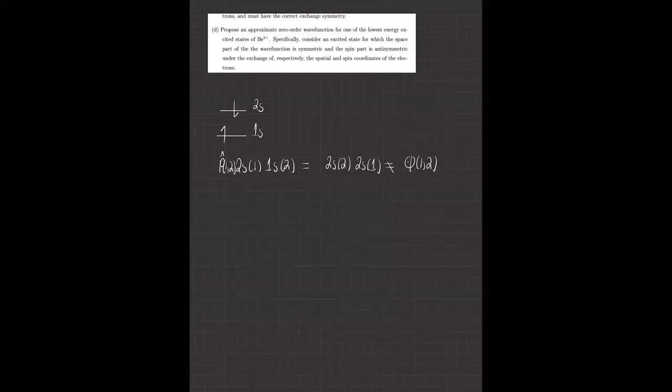So to account for this, we have to make a linear combination of both possibilities: electron 1 being in 2s and electron 2 being in 1s, or the other way around. So we can write down the spatial part as this.